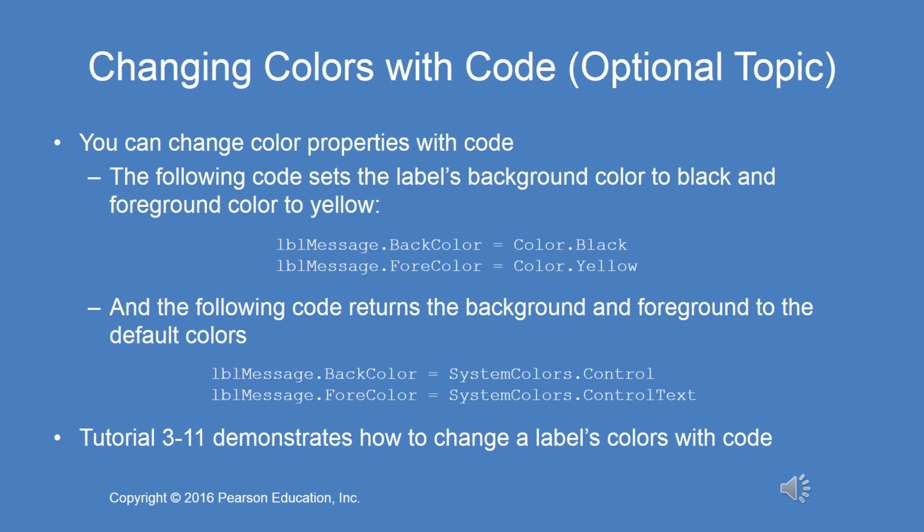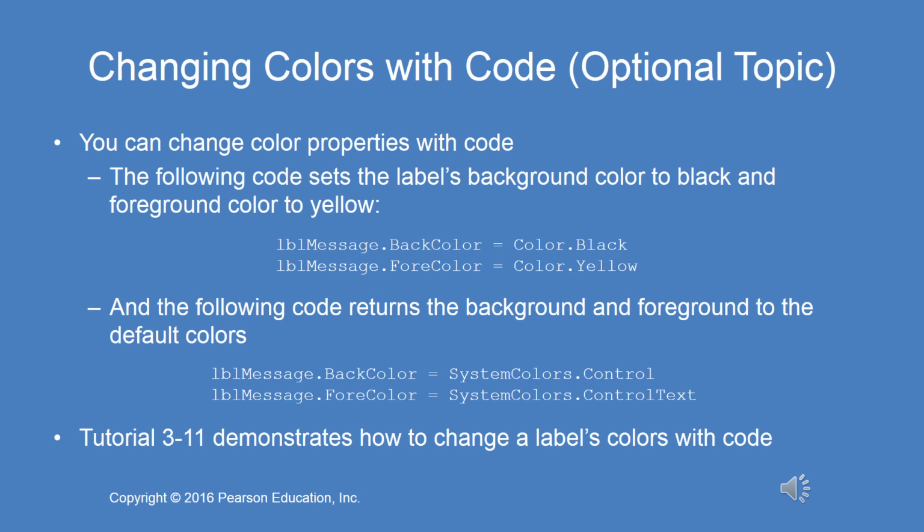On to another artistic or aesthetic topic, which is the color palette that you choose to use. You can change color properties with code and make a more artistic, creative, stylish user interface. Here's how you change a label's background color and its foreground color.